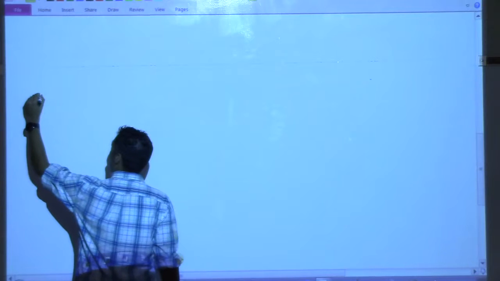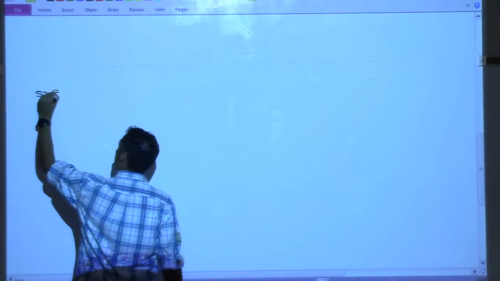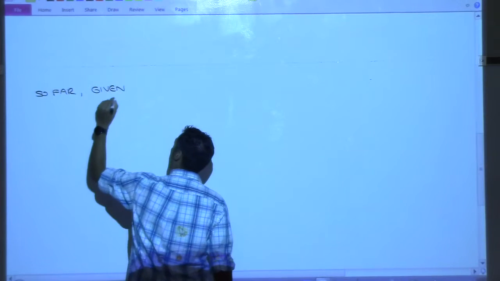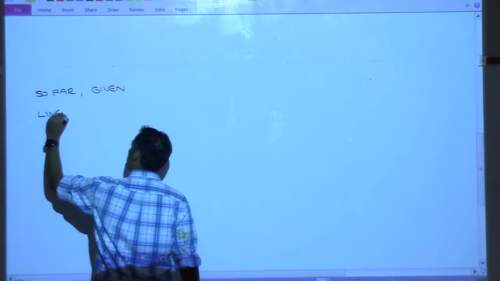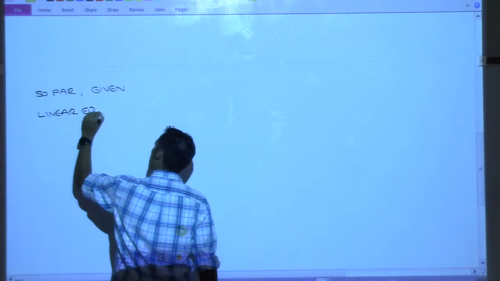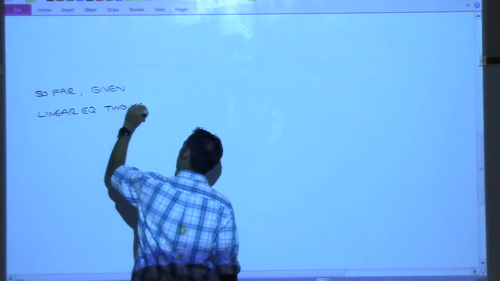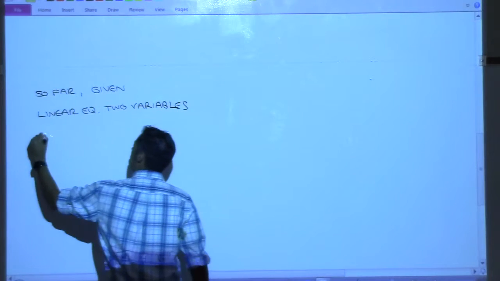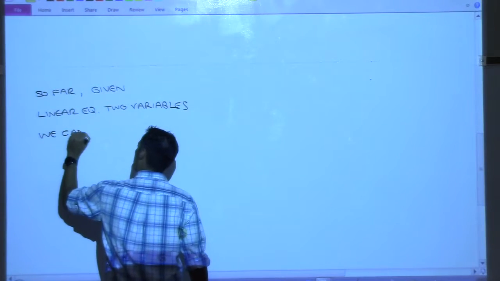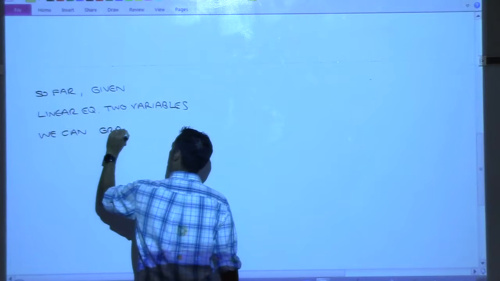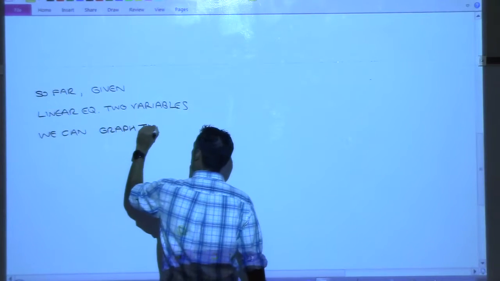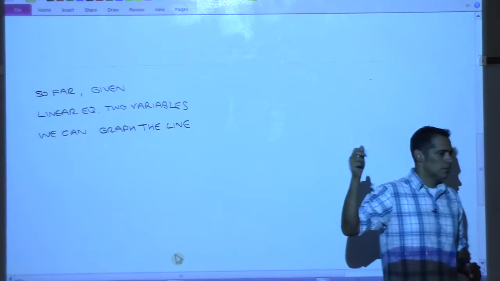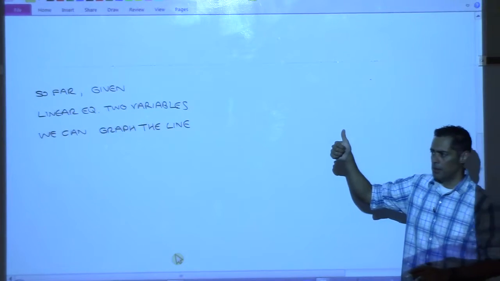So the idea is this. So far, if we're given a linear equation with two variables, we can graph the line, right? Would you agree with that? We have two methods to do this now. So we should be okay with that, right?